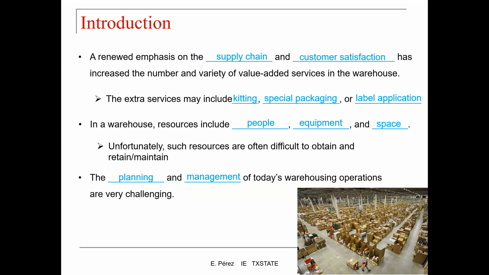And you have seen that now with the boom in companies such as Amazon, warehousing and warehouses are becoming a very important aspect of doing business. Same thing for UPS, HEB, Walmart, especially during the COVID-19 pandemic.